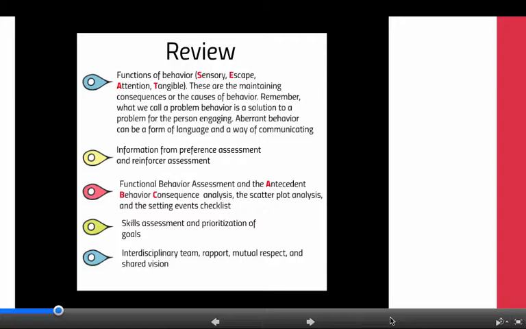And if you are going to be a valued member of that team as a registered behavior technician, then it'll be critically important for you to build rapport with those individuals and to build a relationship with those individuals. There's got to be mutual respect. There's got to be a shared vision as well in terms of what you're looking to achieve with an individual.